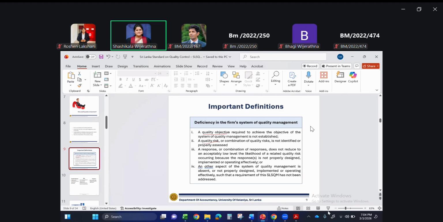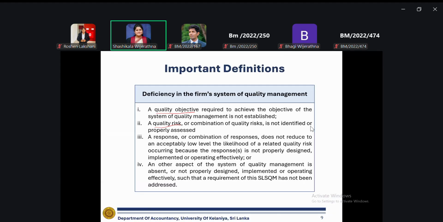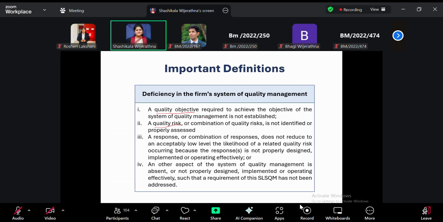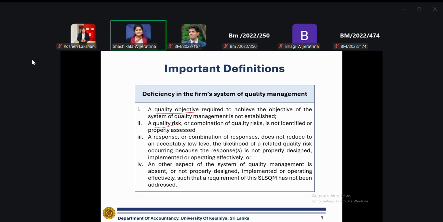So the deficiency here is, you identify these responses, and it can be one response or more than one response: to have a policy statement, and also as you all said, implementing the code, and having training programs. So these responses do not reduce the risk to an acceptably low level.